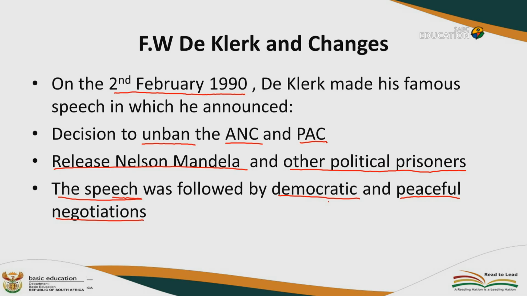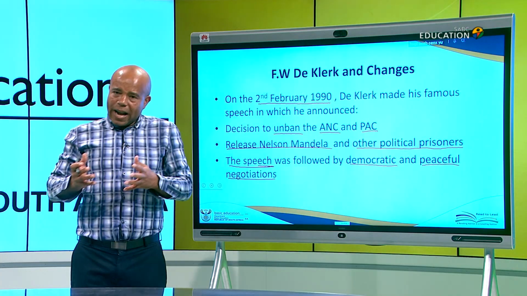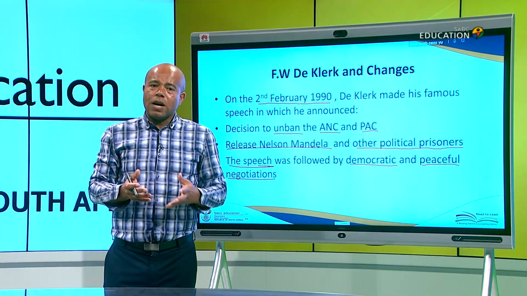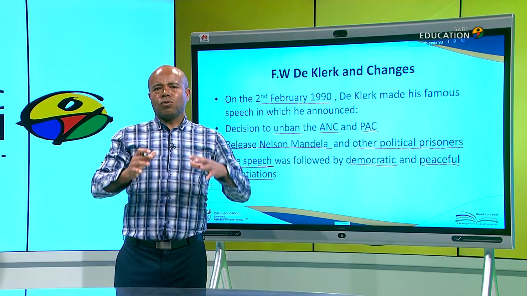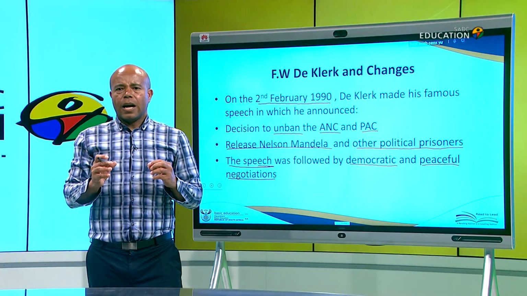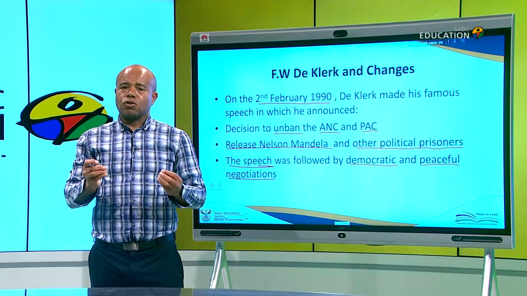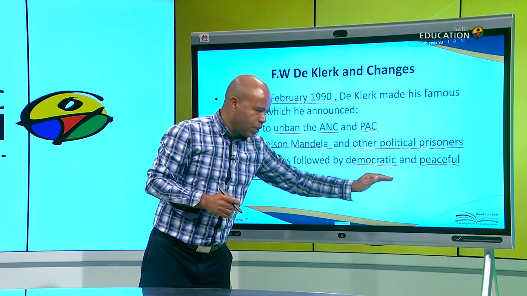When we look at peaceful negotiations, it was not so peaceful as you would classify, but it was not so violent either. There was violence, but it was controlled, it was calmed in a way by the South African security forces within South Africa. But we need to understand it was not so peaceful.